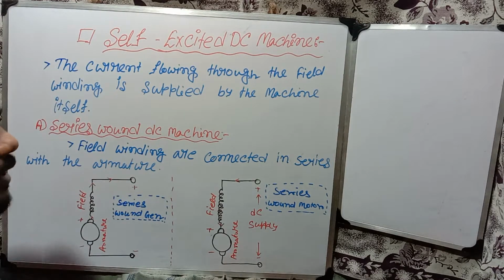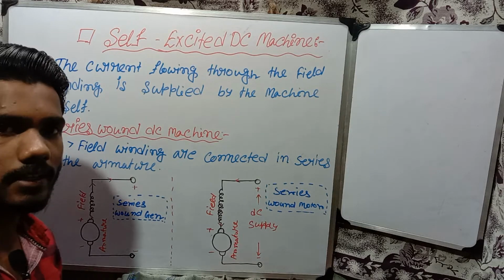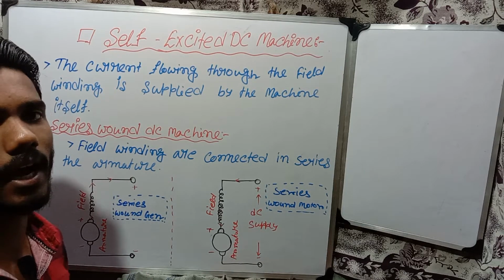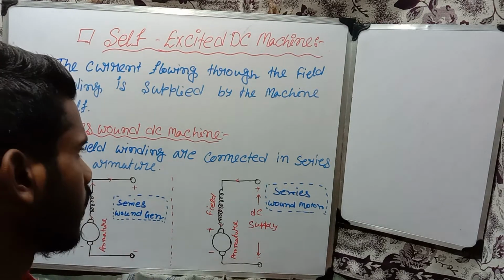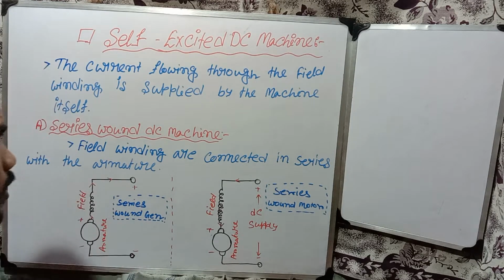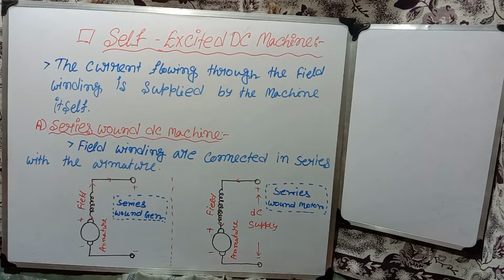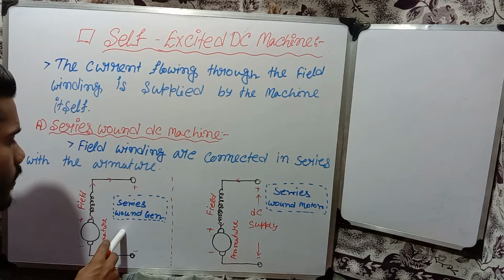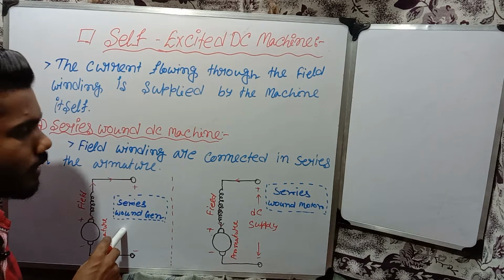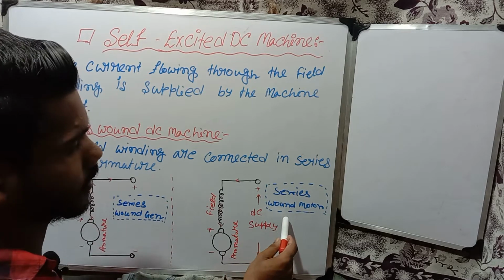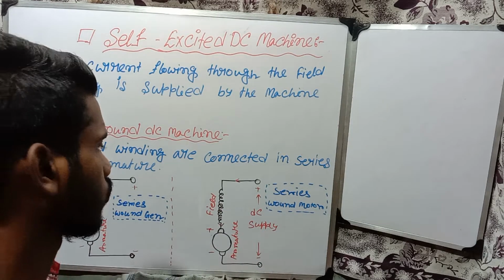Okay, that means the field winding is connected in series with the armature. So we can call this machine a series wound DC machine. This is a series wound DC generator and this is a series wound DC motor.